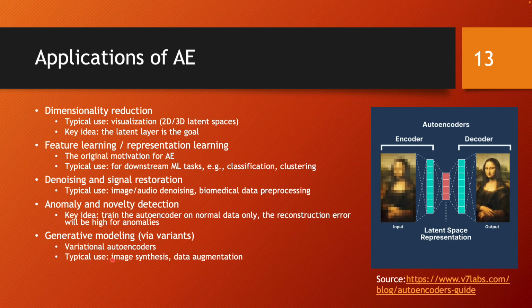So you can just use the second part of your autoencoder, for example the decoder, and you can generate any number of samples from the distribution of the latent representation and pass them through the decoder to get synthetic data that really should be somewhat similar to the input that the model was trained on. Typical usage for these sorts of applications are in terms of image synthesis and also in terms of data augmentation.